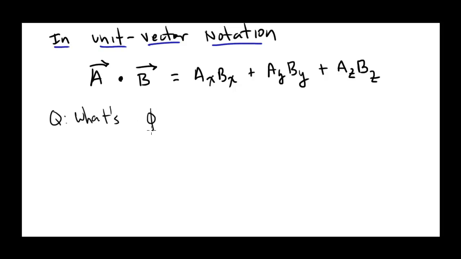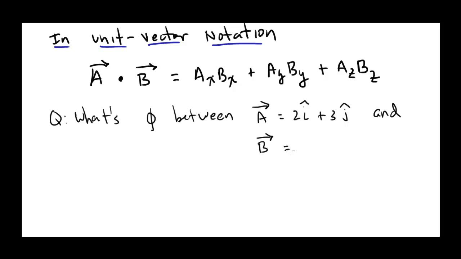What's the angle phi between vector a and b, if a is equal to 2i plus 3j, and vector b is 3i minus 5j? I want you to determine what is the angle between these two vectors.